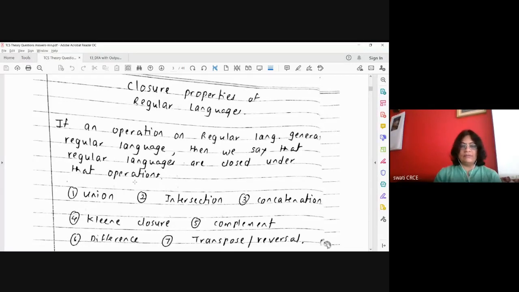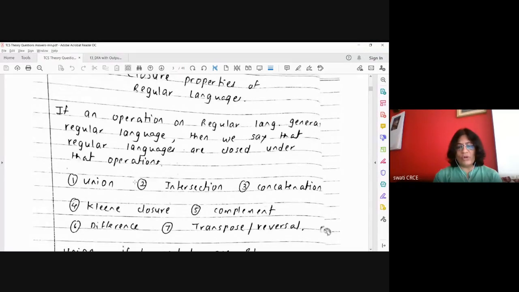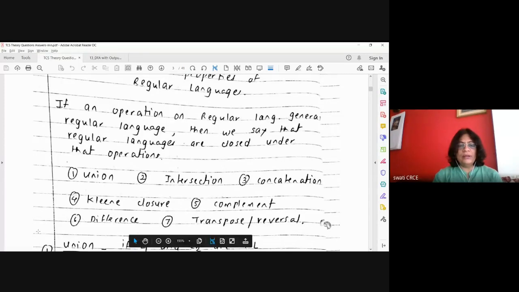And what are the operations that we can do? Union, intersection, concatenation, star closure meaning the Kleene closure, complement, difference, and the transpose or reversal.